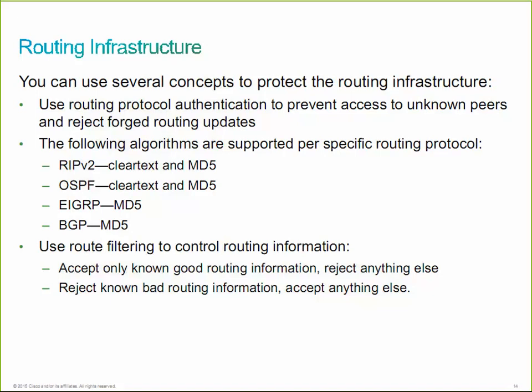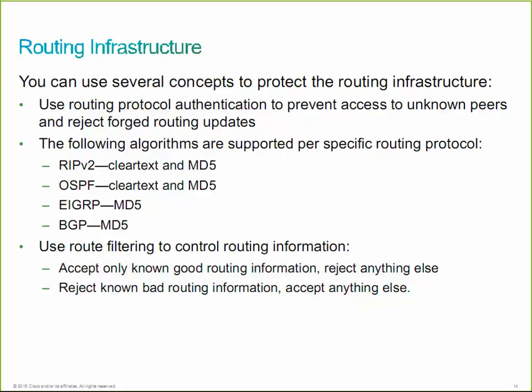Well, for extranet connections and for connections that leave the domain that we have control over, this might not be something that we want to happen, okay? So we can use route filtering to accept or transmit only specific information or good information or whatnot.